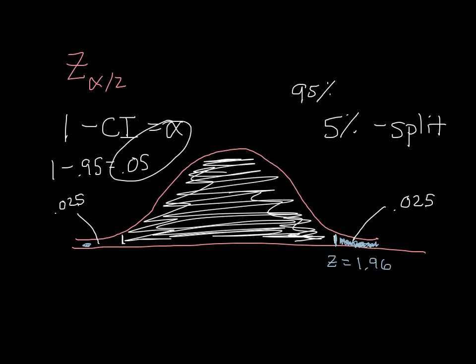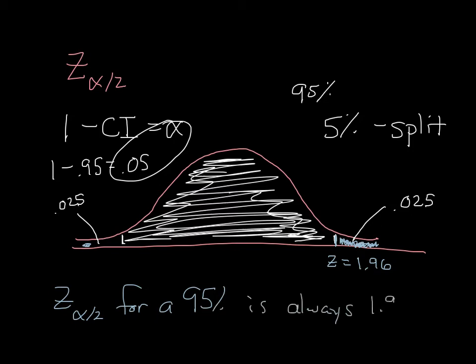And the good thing about that is you don't have to look it up every time. When we're doing a 95% confidence interval, this z of alpha divided by 2 is always 1.96. So that's a number we're going to use quite a bit because we're going to be working with 95% confidence intervals.